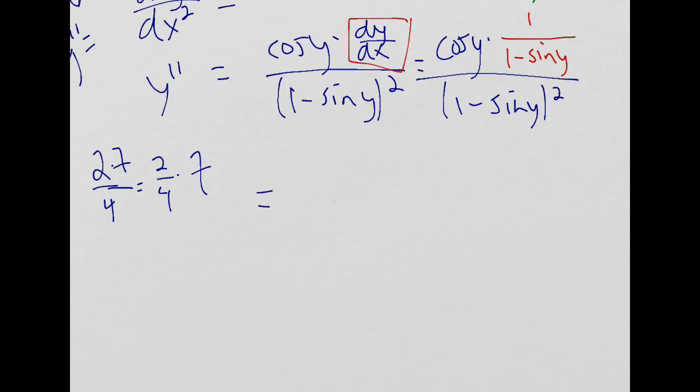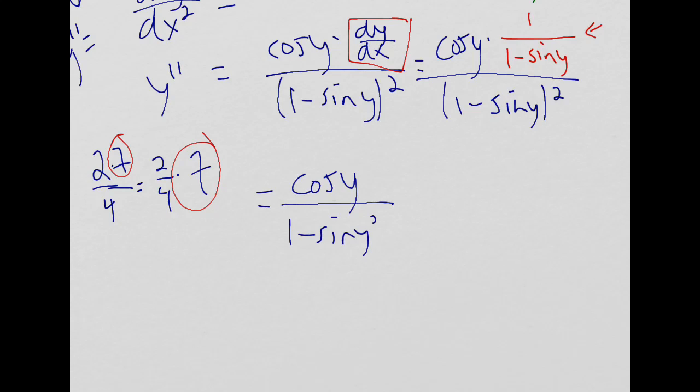So this piece and this piece is going to be my fraction there. Anyway, so I have cosine of y over 1 minus sine y squared in parentheses times, my red thing is going to show up out here, 1 minus sine y like that.